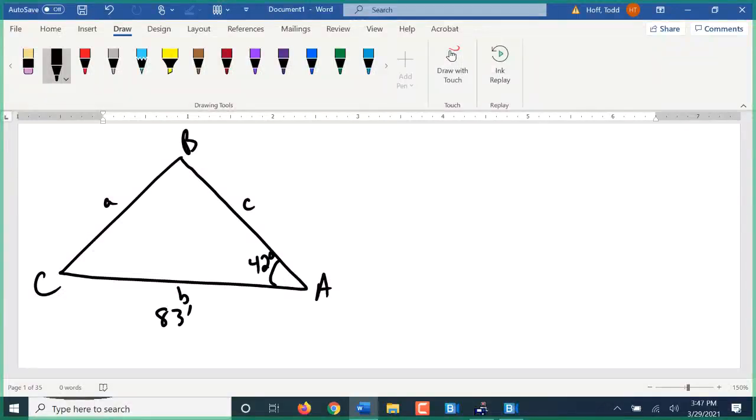Side C, let's call it 40. Find the two missing angles, angle B and angle C, and missing side A. I'll give you a few minutes.